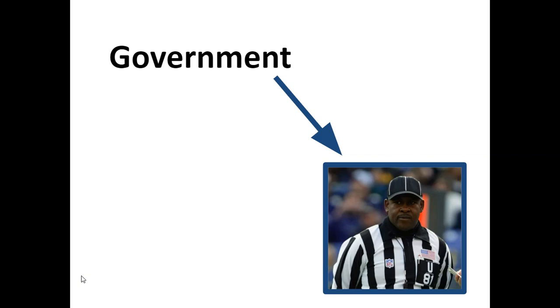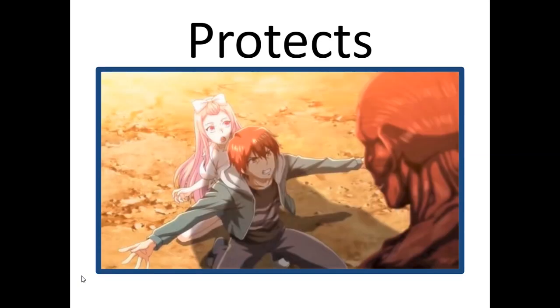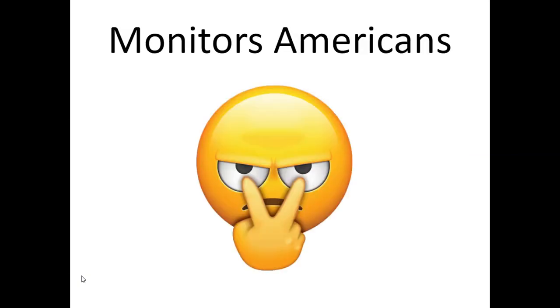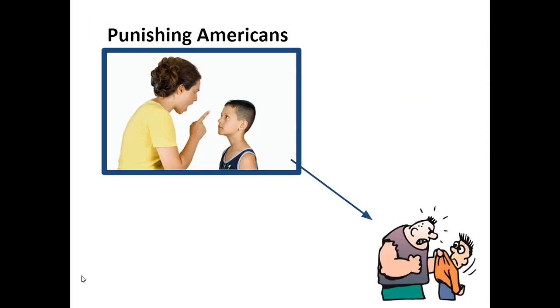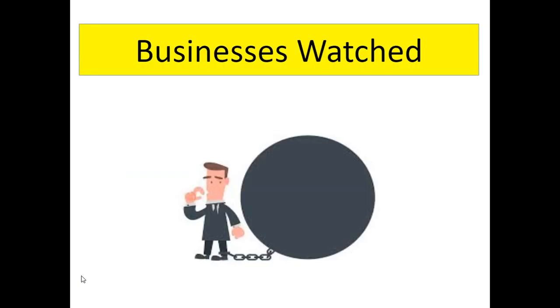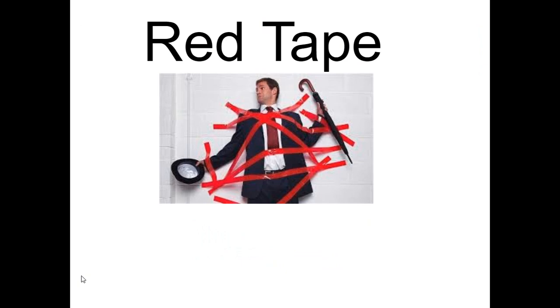Now, the progressives believe that the government's job is to be a referee, basically to protect people that need protecting, to protect Americans from other Americans. Progressives would say life is generally unfair, and it's the job of the government to fix that by punishing Americans that bully everybody else. Also maybe restricting businesses that might want to exploit the poor or their workers.